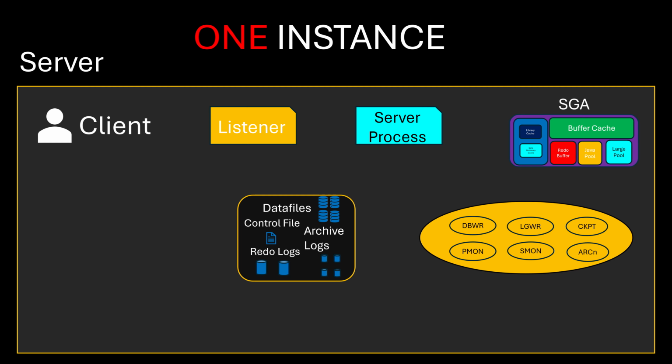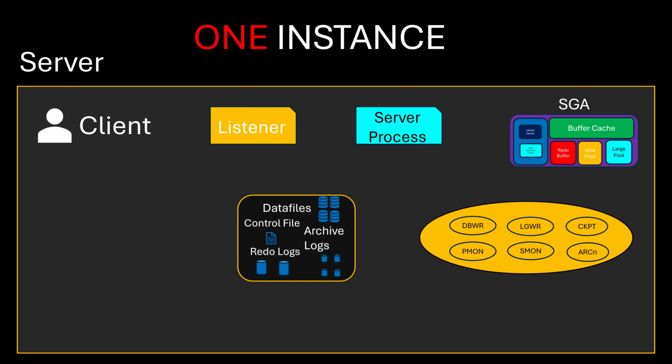Oracle performs syntax validation, semantic validation, and object checks before generating a new execution plan. Oracle first checks whether the SQL already exists inside the shared pool. If Oracle finds the SQL in the library cache, it performs a soft parse and reuses the existing execution plan. In many cases, Oracle can satisfy the request without performing additional physical reads.